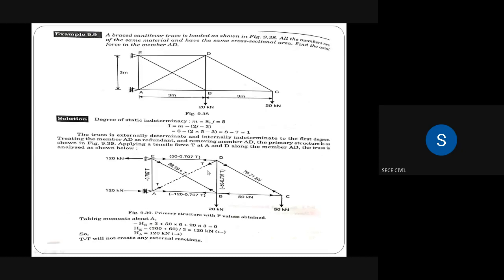By using the method of joints, first they consider joint C. Where is joint C? Joint C is here. How many members are at joint C? CD and CB, two members, and one vertical reaction of 50 kilonewton is also there. So the diagram is this.